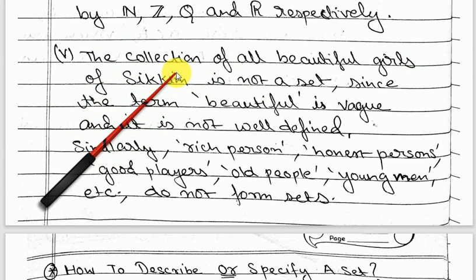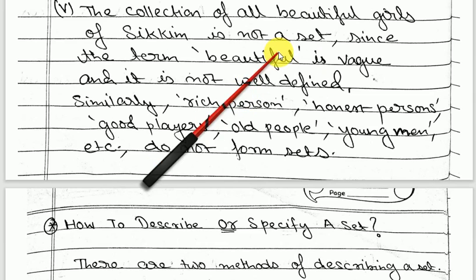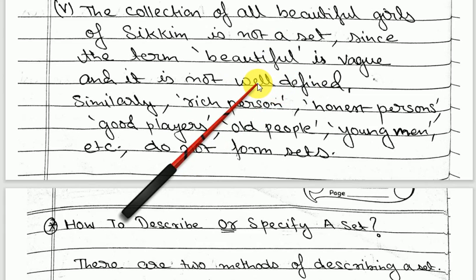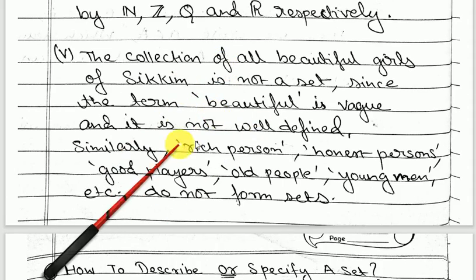So this cannot be a set, because the term beautiful is not well defined. For some people the set will be different. For some people, they might include someone else. So it is not well defined.